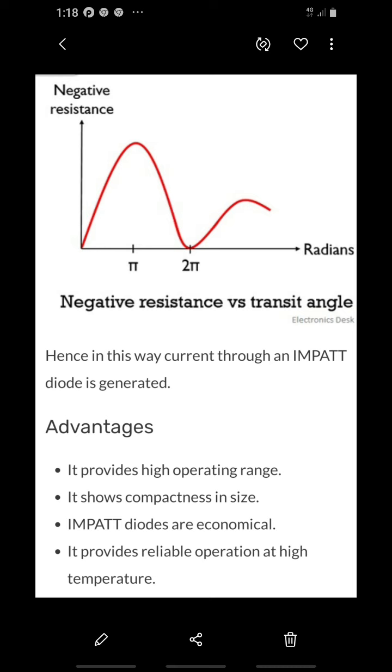This multiplication of charges is called avalanche multiplication, and these charge carriers drifted from the junction result in the current pulse generation.